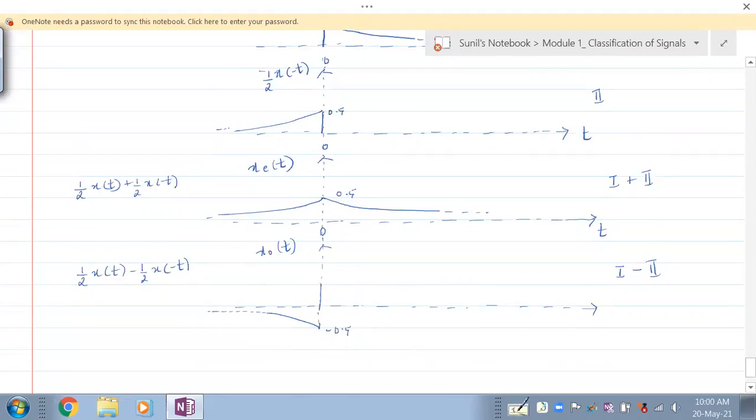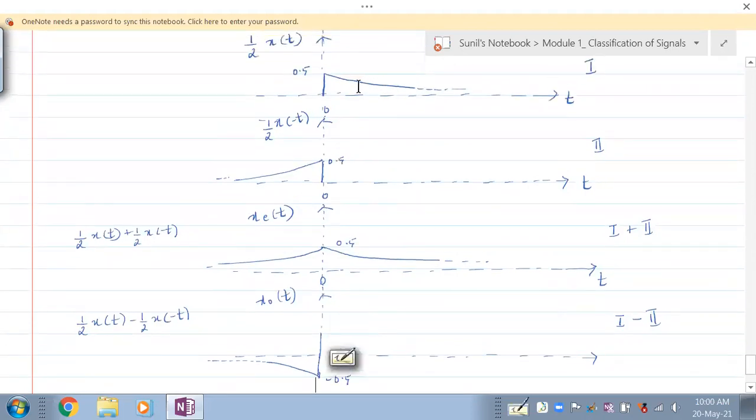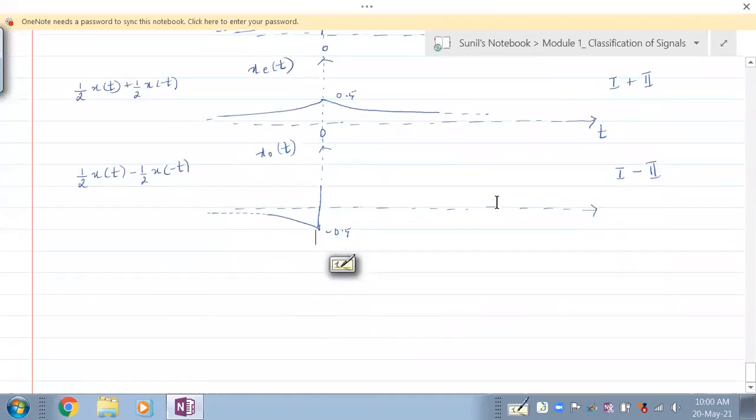Then here you have a signal. The signal minus 0 would be the same signal, so the same signal I'll be writing here. Okay, so this is your x odd of t. So this is 0.5 again. So this is how we can draw the odd signal and the even signal.